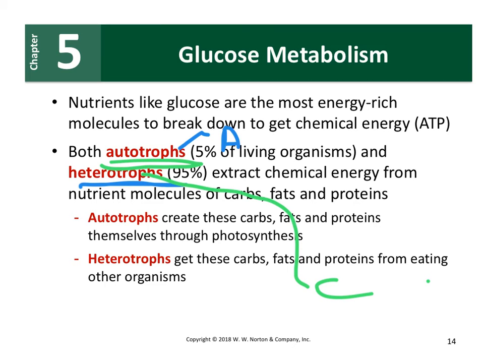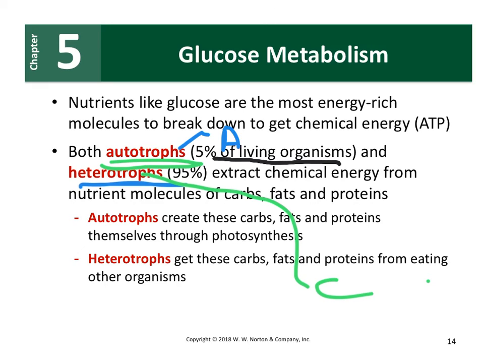It's a sugar, and then you can tie a whole bunch of those together. Only about 5% of organisms can do that, like plants, some other algal species, and cyanobacteria.